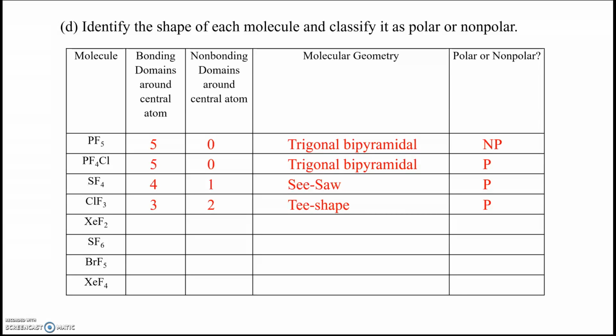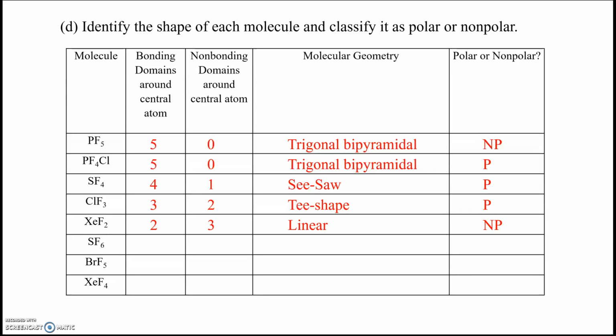All right, xenon difluoride. 2 bonding domains, 3 non-bonding domains, but it's linear. And it's linear because xenon is one of those exceptions. Xenon can have more valence electrons around its outside shell.